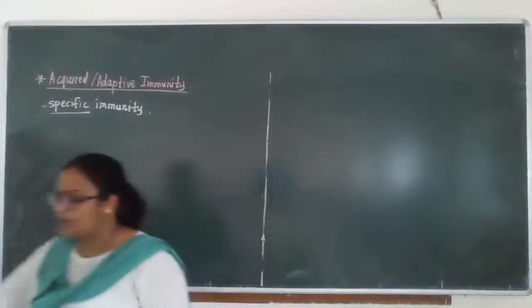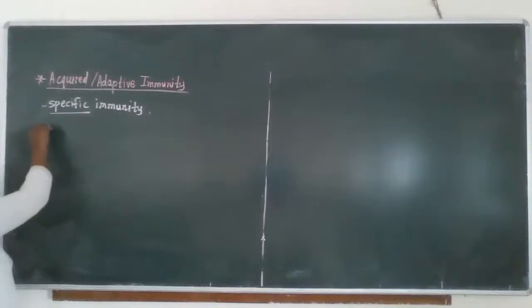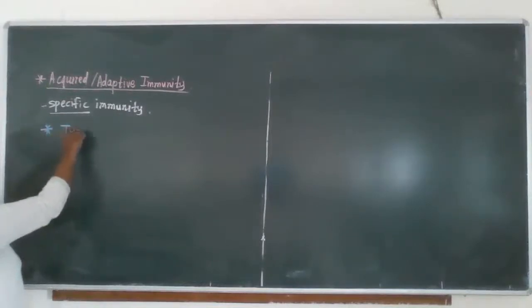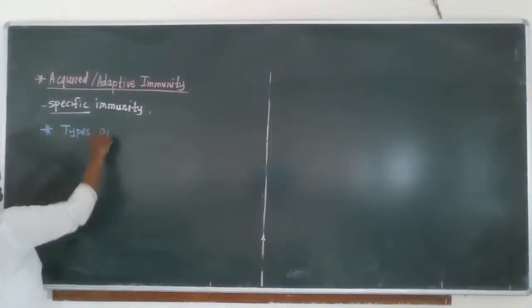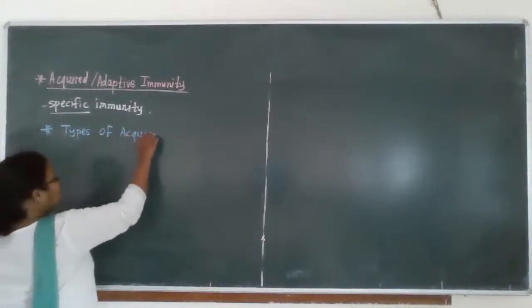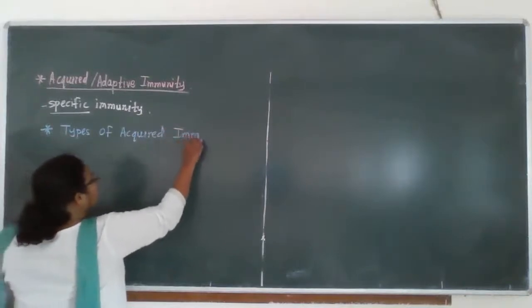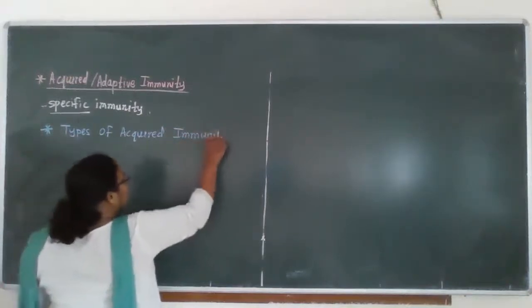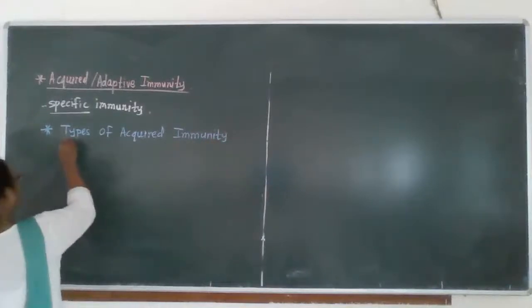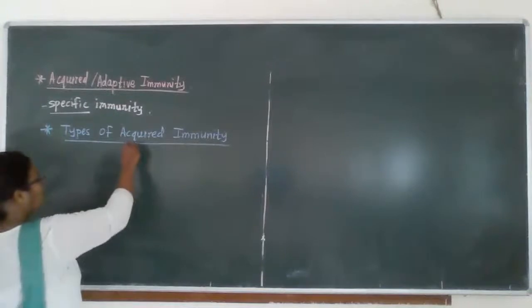This is the next one, types of acquired immunity. Acquired immunity is typed into two.